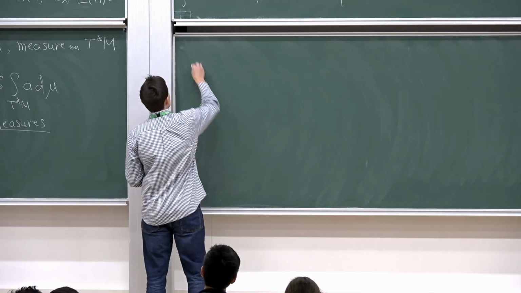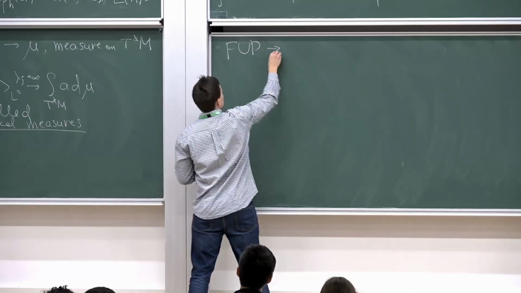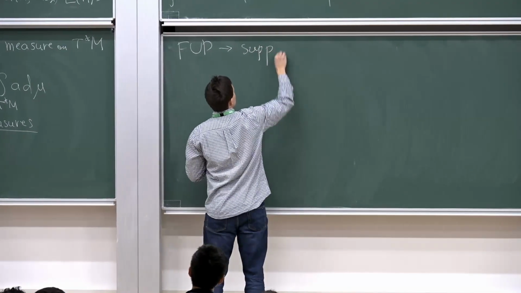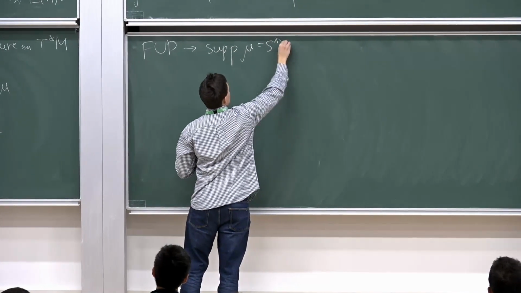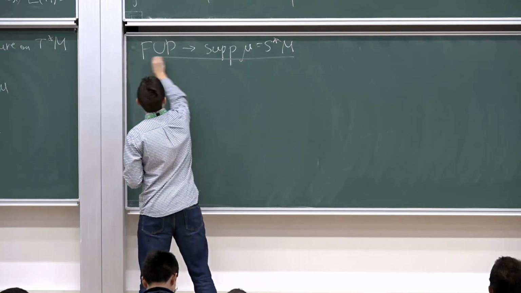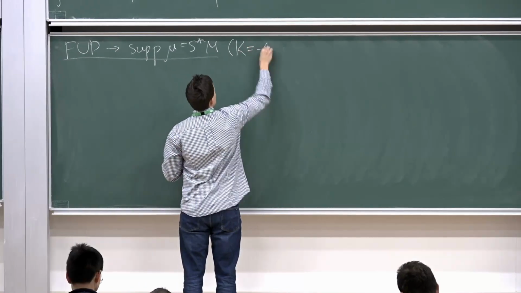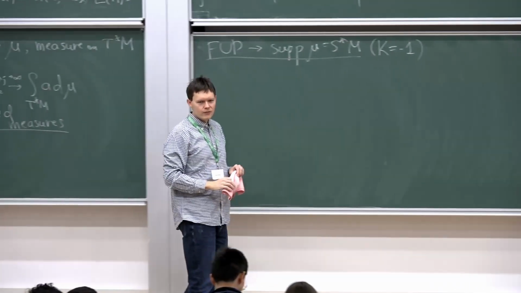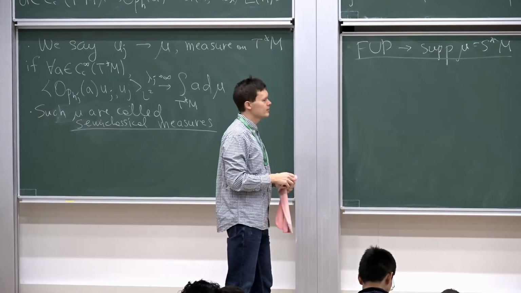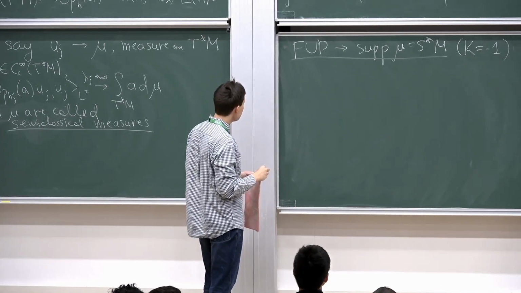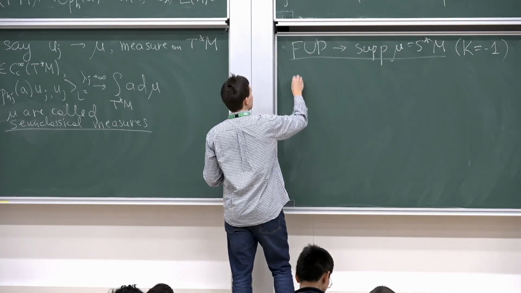So how do I show that the fractal uncertainty principle implies that the support of μ is the entire S*M theorem? I will restrict to the case of hyperbolic surfaces. So I'll assume that my curvature is identically -1 to greatly simplify my job here. Well, I'm going to argue by contradiction.